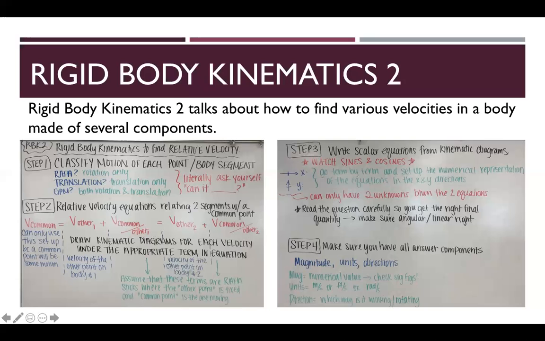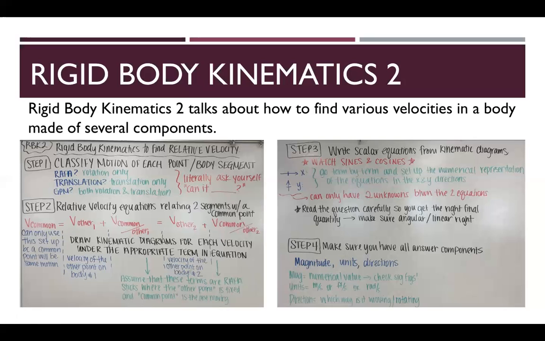So V other 1 and V other 2 are basically the endpoints, or the points on the opposite side of the member from the common point, right? So that's just going to be the velocity of that point. Sometimes it'll be fixed. Sometimes it'll be translation.